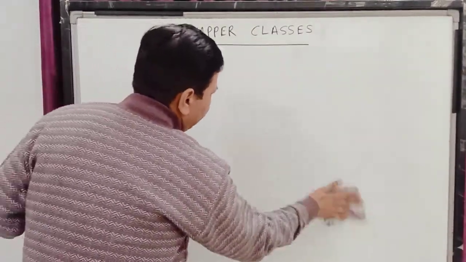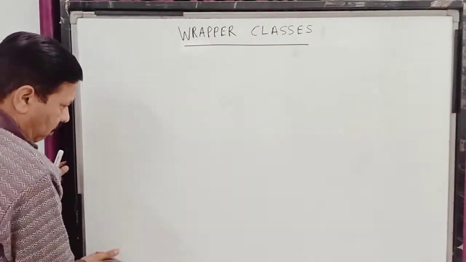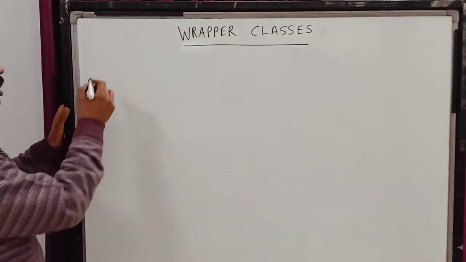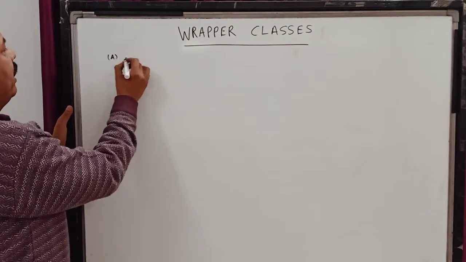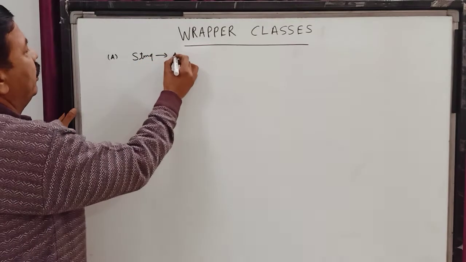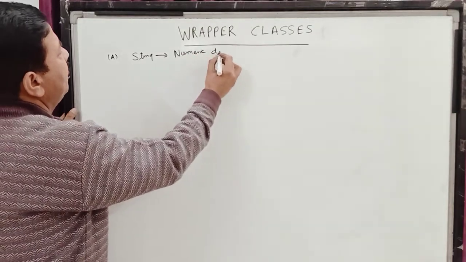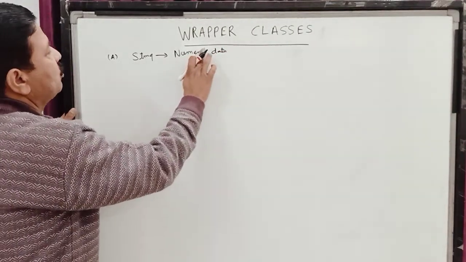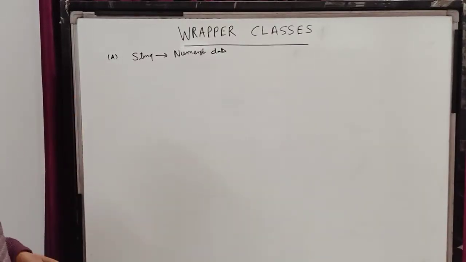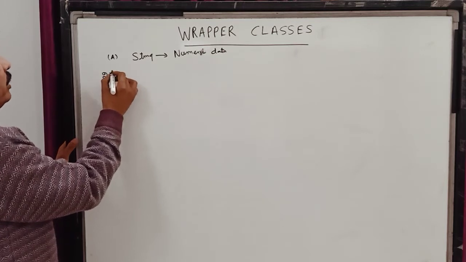So the first question is how can we convert data which is of type string into numeric. I am writing numeric because you have many numeric data types which I have written over here. So how can we convert string data into numeric data, and this is the 21st function which we are talking about.